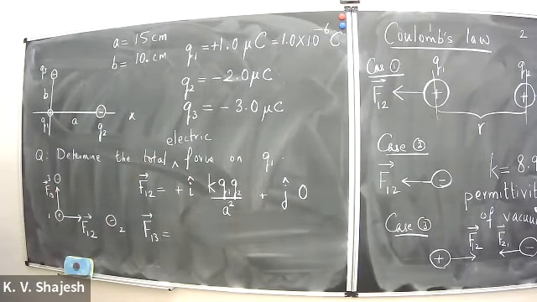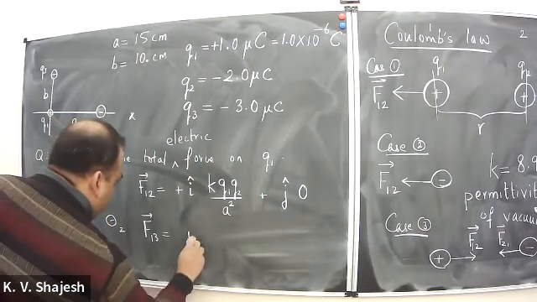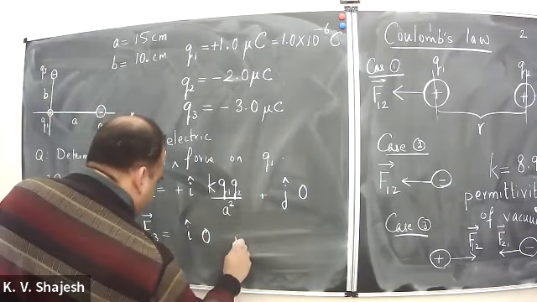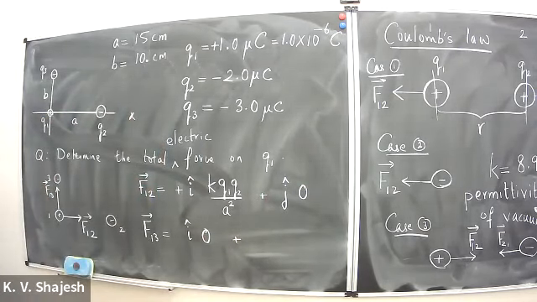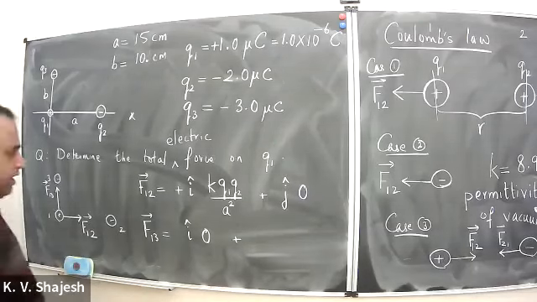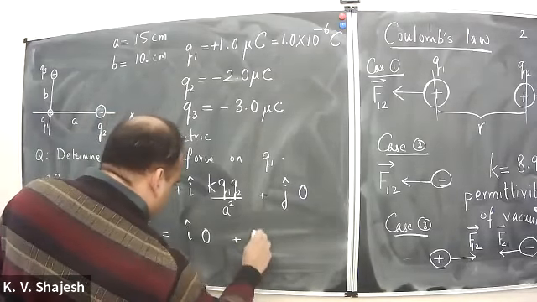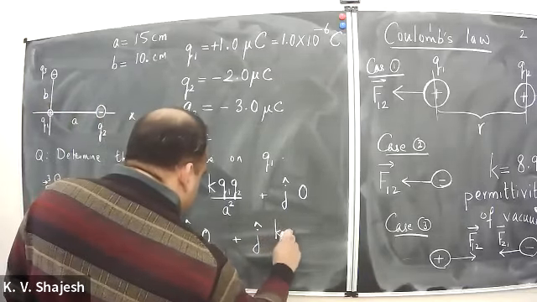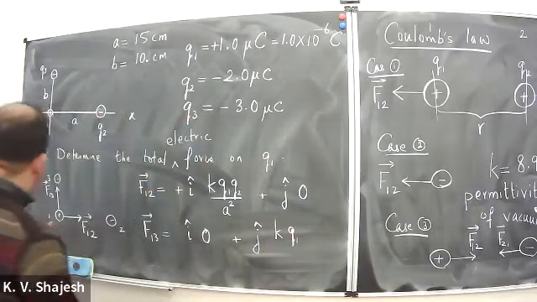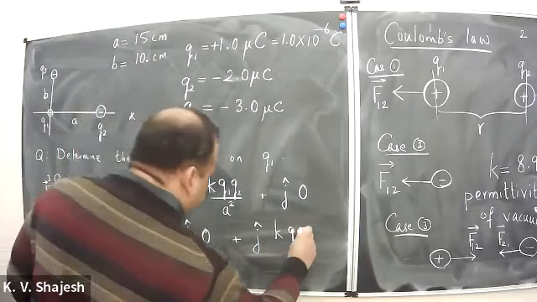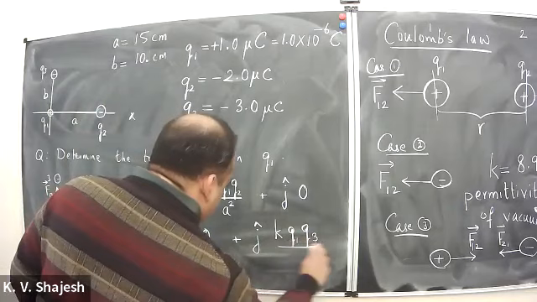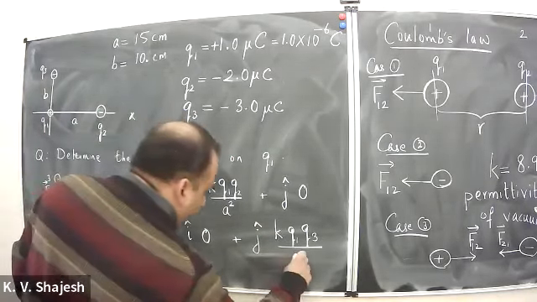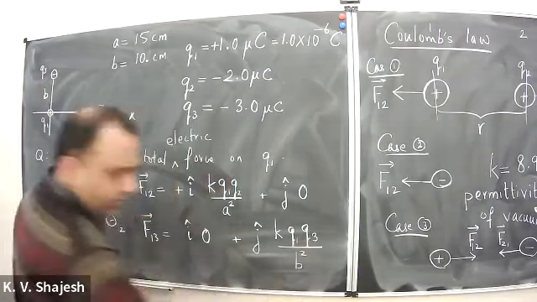It's purely in the vertical direction. So it is I hat is 0 plus J hat. It is plus because it is pointing upward along the positive Y-axis, plus J hat times K times Q1 times Q3. And the distance now is the distance between 1 and 3. That's B squared.